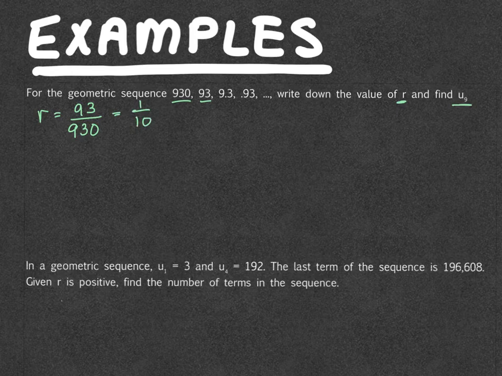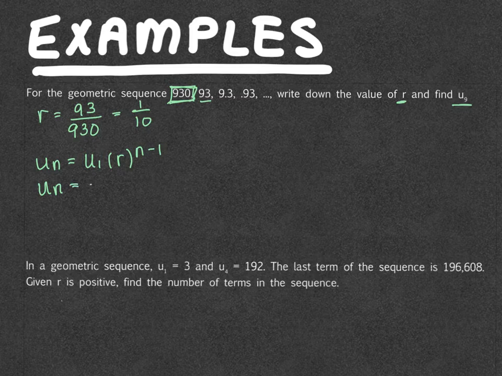So once we have r and we're given our first term, it should be pretty simple to put this into an equation. As a reminder, our equation is u sub n equals u1 times r to the n minus 1. We have both of those pieces of information, so we're just plugging straight in. So u1 is 930, r is 1 over 10, to the n minus 1.